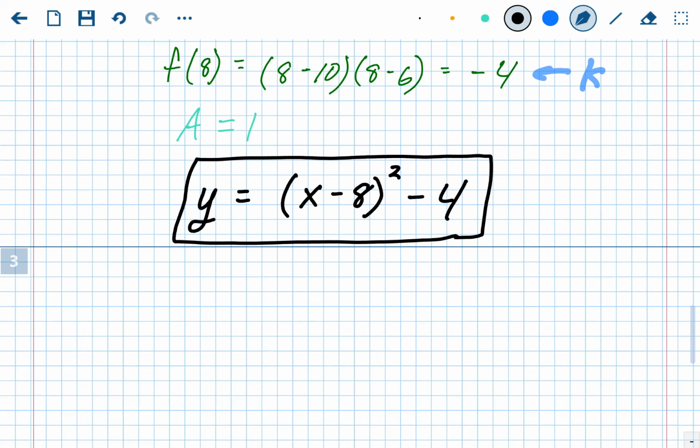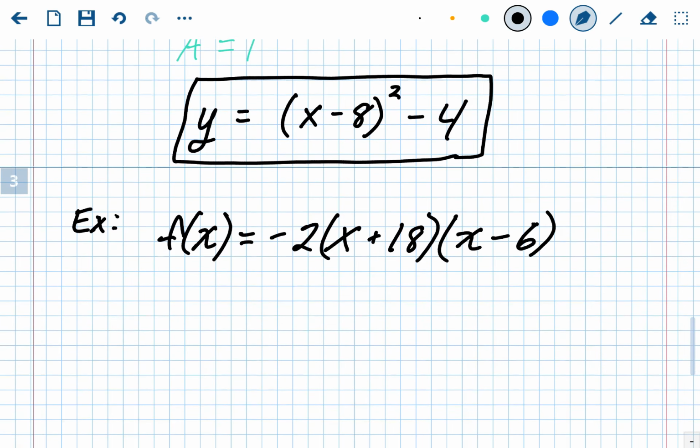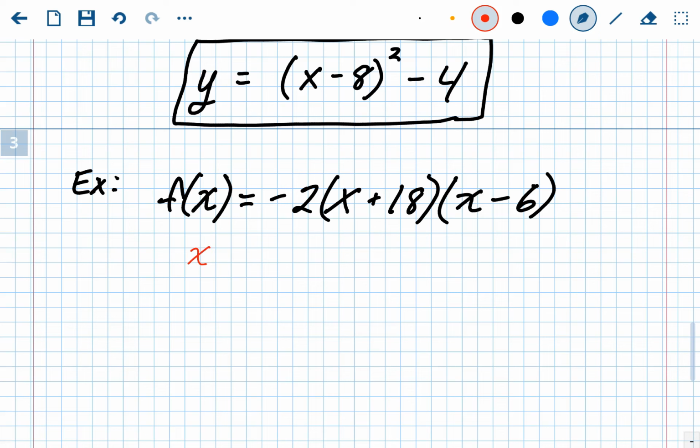We'll do one more. Say we have f of x equals negative 2 times x plus 18 and x minus 6. All right, so again, start by finding the x-intercepts.